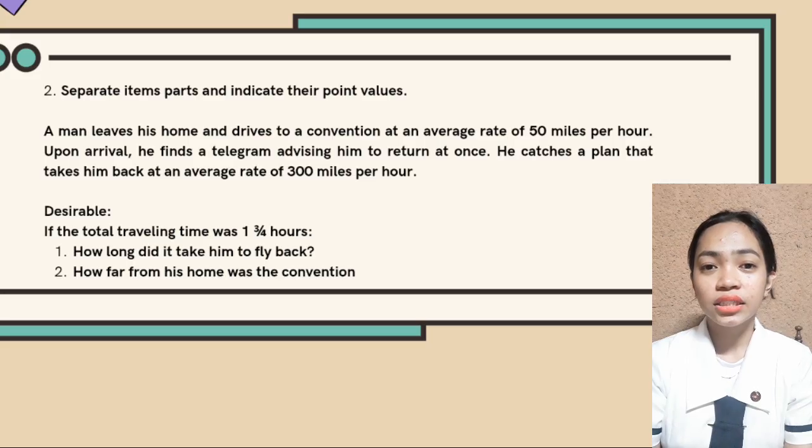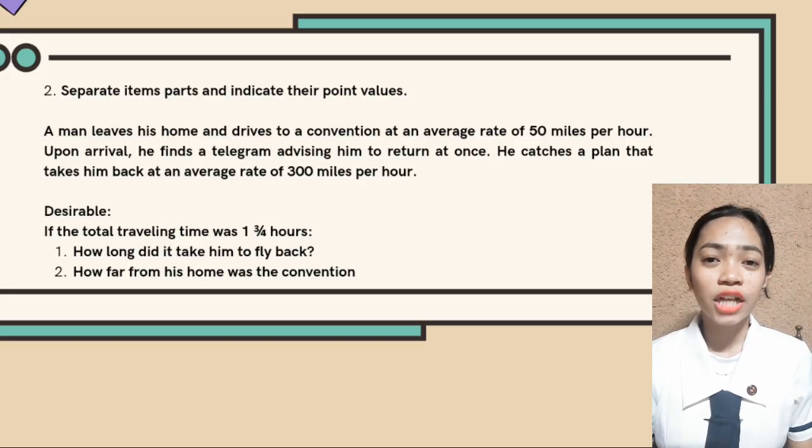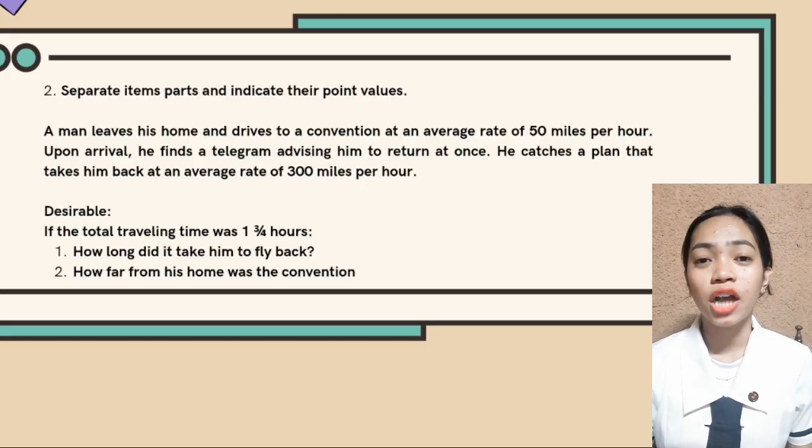The distance he drove is 50t and the distance he flew is 300 times (1.75 minus t). Setting these equal gives the equation 50t equals 300 times (1.75 minus t). Solving this equation, we distribute and simplify: 50t equals 525 minus 300t.